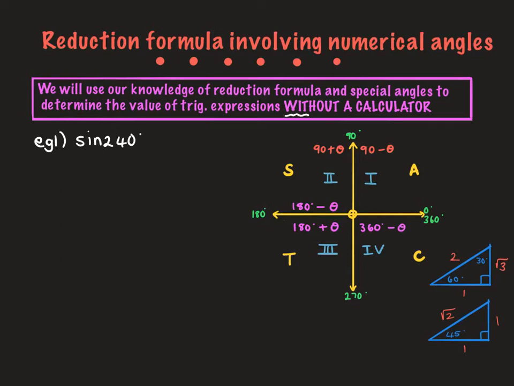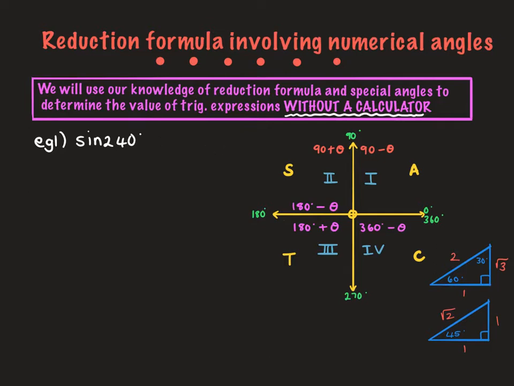Now, without using your calculator, because if you type this into your calculator now, it says that this simplifies to negative root 3 over 2. That's great, but if you just put that down as an answer in a test or exam, I would not be very impressed with you. You need to show your work. So let me show you how to show your work.